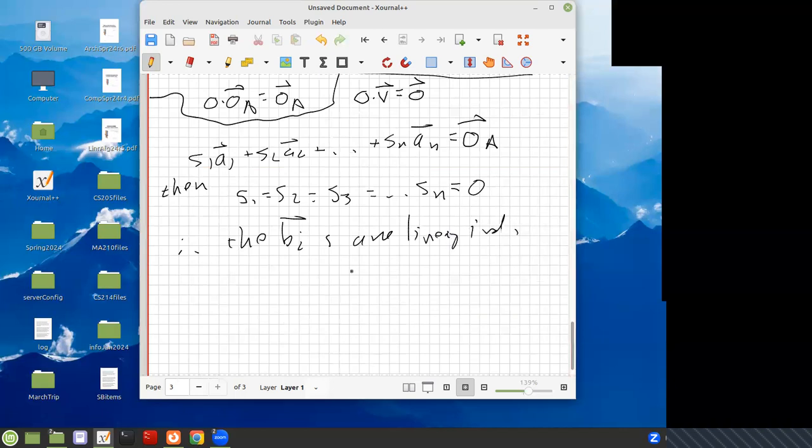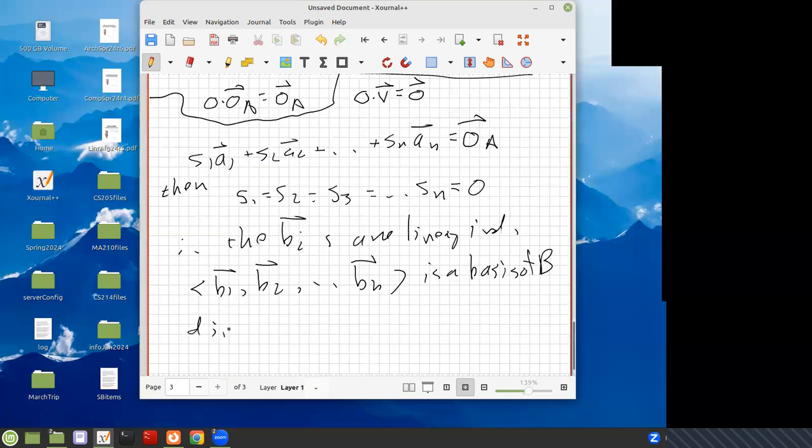So we know that the B's are linearly independent, and they span the space. So B1, B2, through Bn is a basis of B. And because these are all distinct, the dimension of B equals the dimension of A.